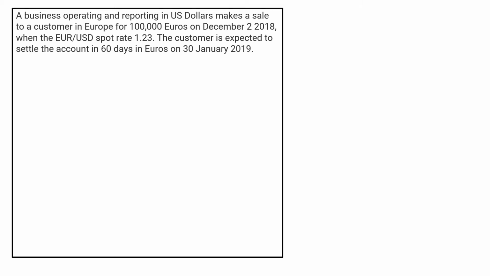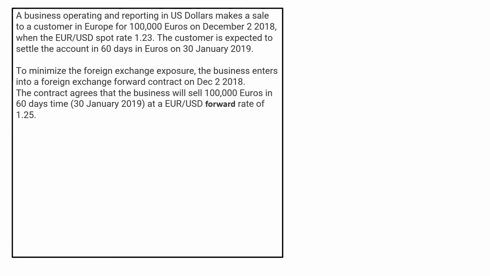The customer is expected to settle the account in 60 days in euros on 30th of January 2019. To minimize the foreign exchange exposure, the business enters into a foreign exchange forward contract on the 2nd of December 2018, the same date the sale was made.